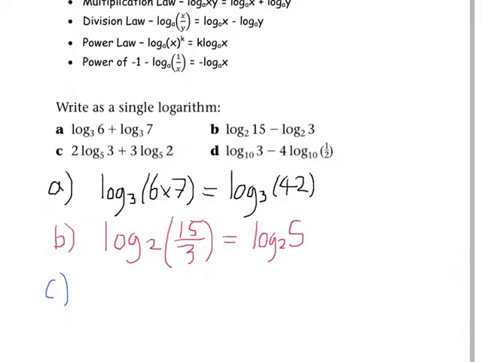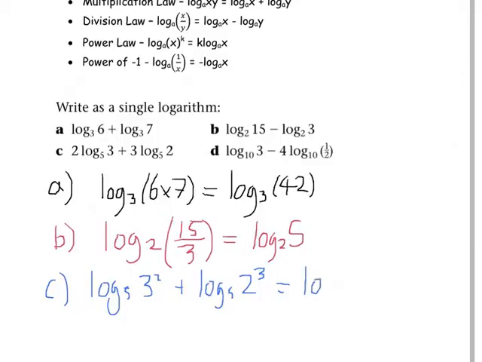So log to the base 5 of 3 to the power of 2 plus log to the base 5 of 2 to the power of 3. Next thing, of course, is to change 3 squared to 9 and 2 cubed to 8.